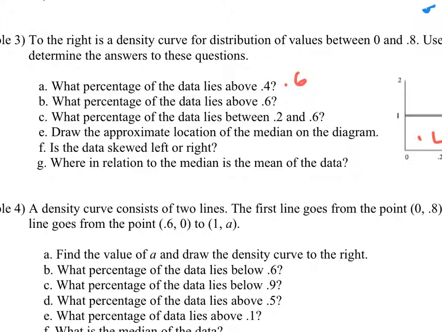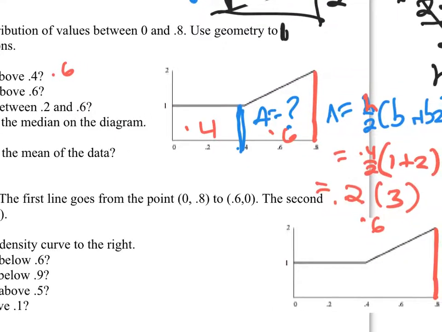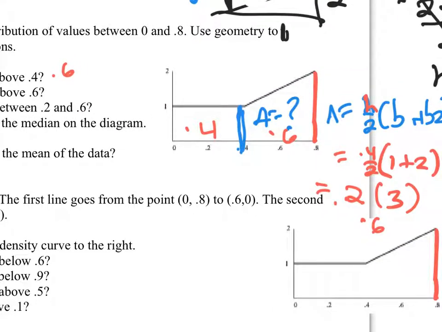Okay. What percentage of the data lies above 0.6? Well, now he's changed it. He's drawing the line here now. And I want this. And I'm only missing one value.